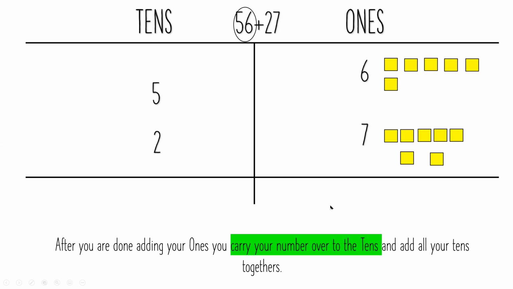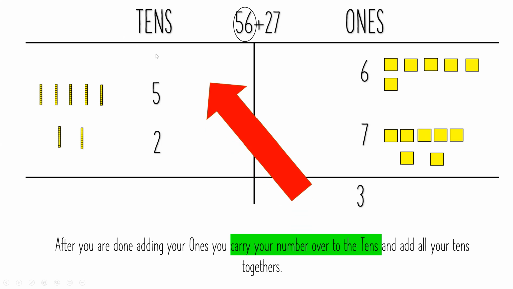So now we're going to count our ones. 1, 2, 3, 4, 5, 6, 7, 8, 9, 10, 11, 12, 13. So we can't put 13 here. So we're going to place our 3. Sorry about that. And then we're going to carry our 1 over to our tens column.